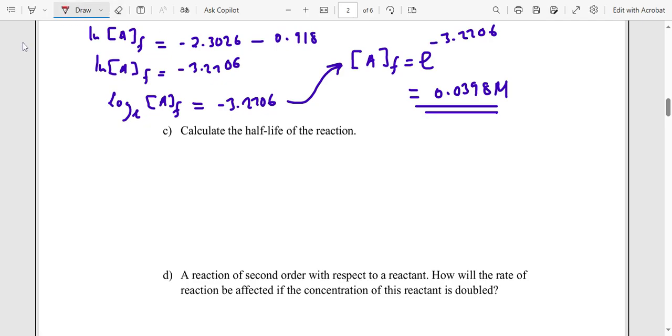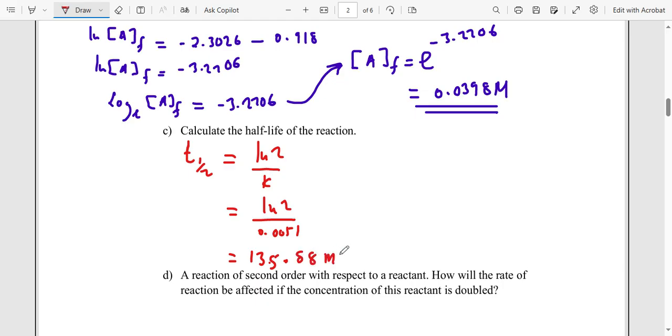For a first order reaction, half-life is given by natural log of 2 over k. K, the rate constant, is 0.0051. So just punch that on your calculator. It will give you 135.88. Now remember, time for this question is in minutes. So that will be the half-life. That's how you find it.